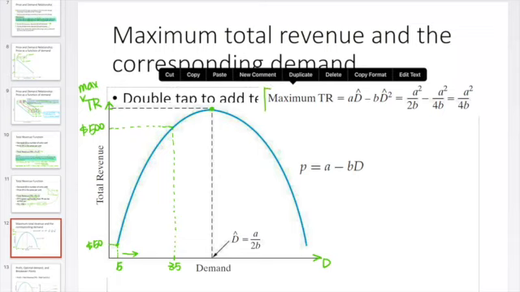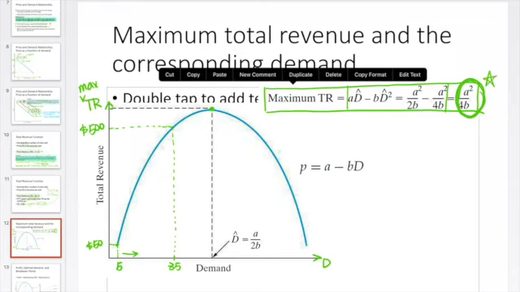So this is the function or formula you can use to calculate your maximum total revenue. And these are just the process in between. You don't have to understand that. But here is what you're going to use.